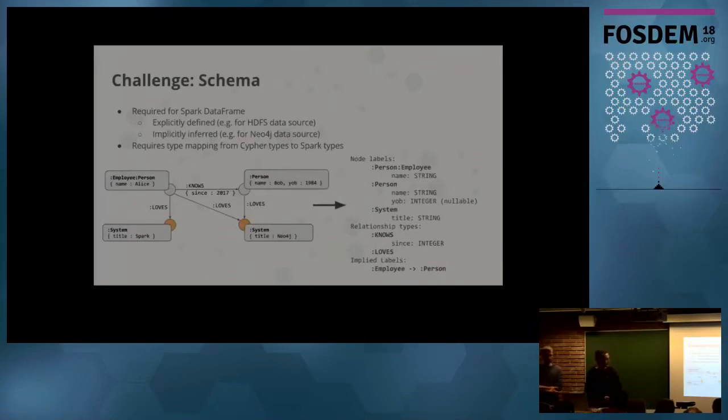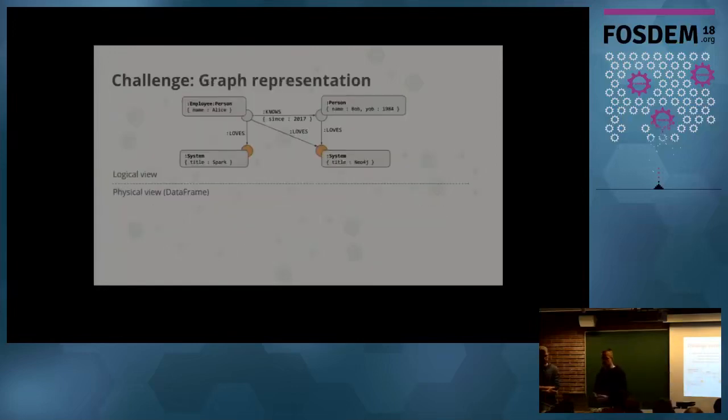And then there's also the employee label. And the employee is an implied label. So if someone is an employee, he also is a person, because those two always appear together. So person employee also has the name property in that example here. And then the same for relationship types. You have the knows relationship between those two persons, which has a specific property key since of type integer.